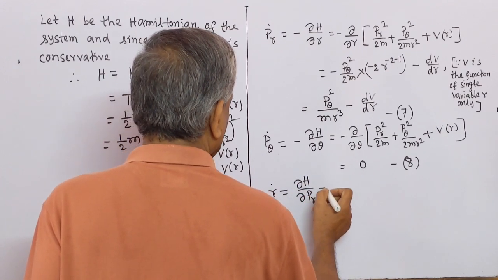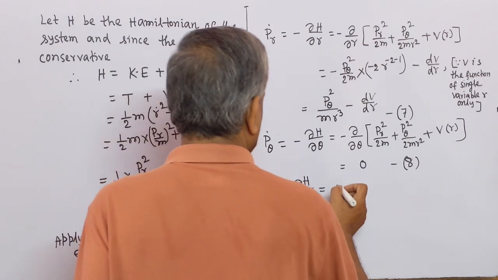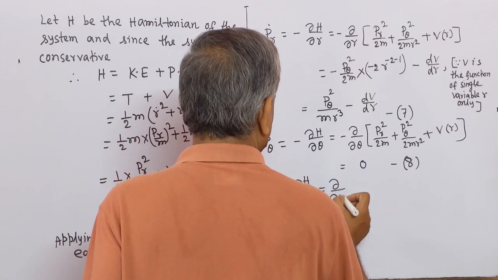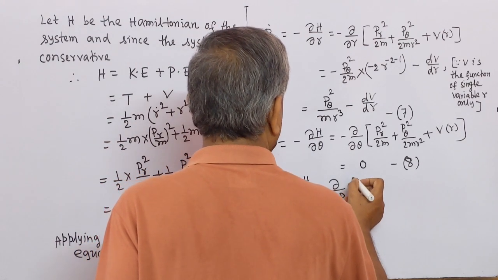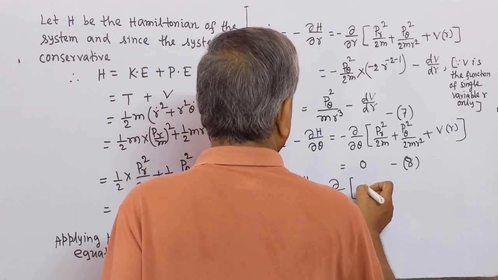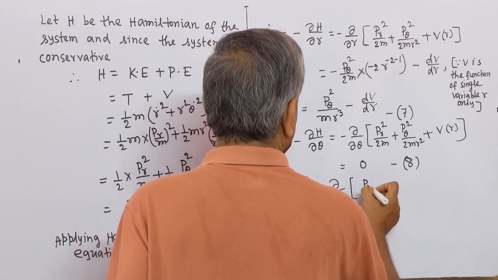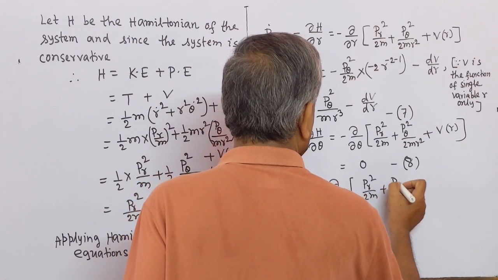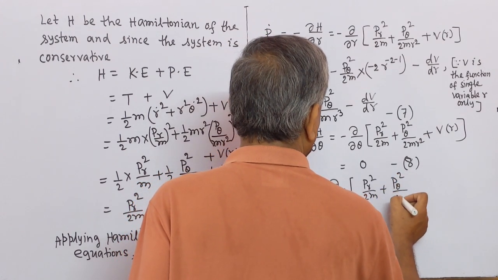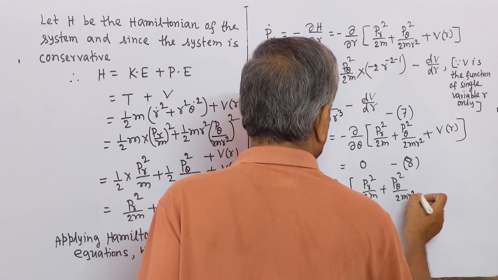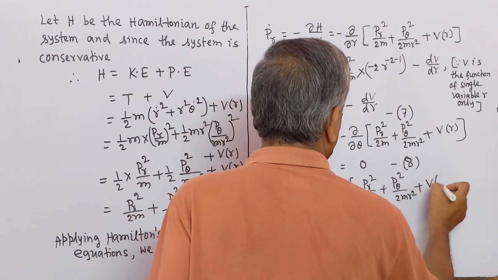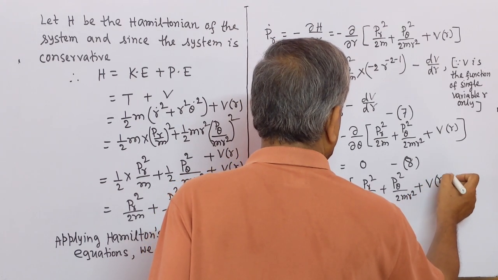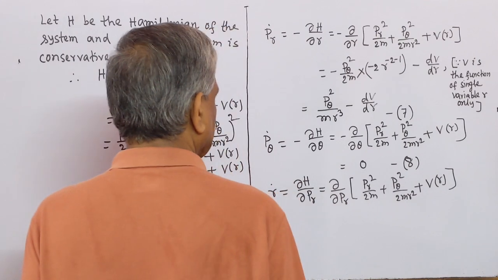Now r dot equal to partial derivative of H with respect to Pr. Here H is Pr square by 2m plus P theta square by 2m r square plus V, the function of r.